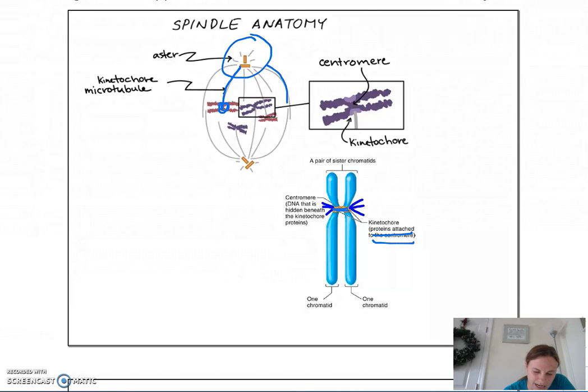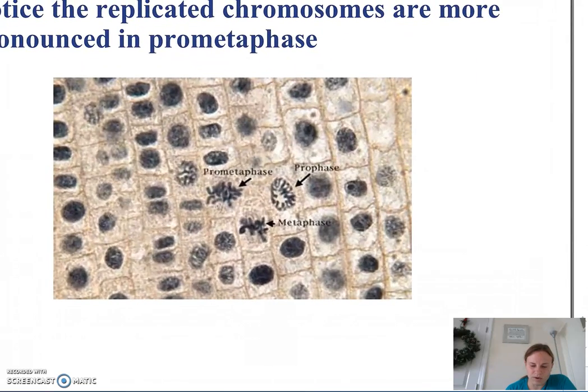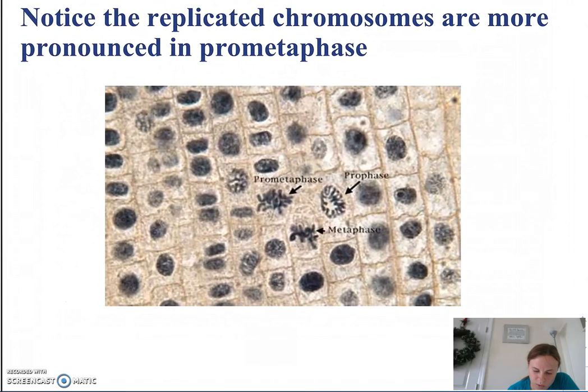Here would be a non-kinetochore microtubule because there's no centromere that spindle fiber or microtubule is attached to. So a microtubule is the same as a spindle fiber. You can have 2 different types: a kinetochore microtubule or a non-kinetochore microtubule. So notice that chromosomes are more pronounced in prometaphase versus prophase. And then we're going to head towards metaphase.